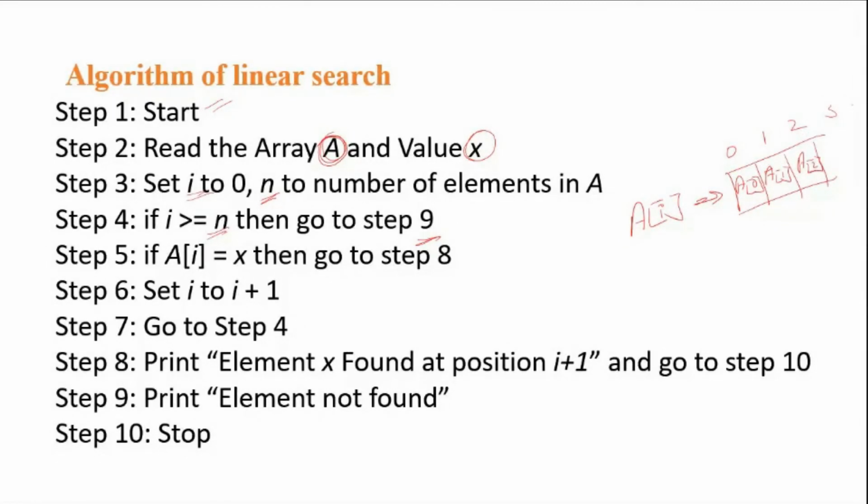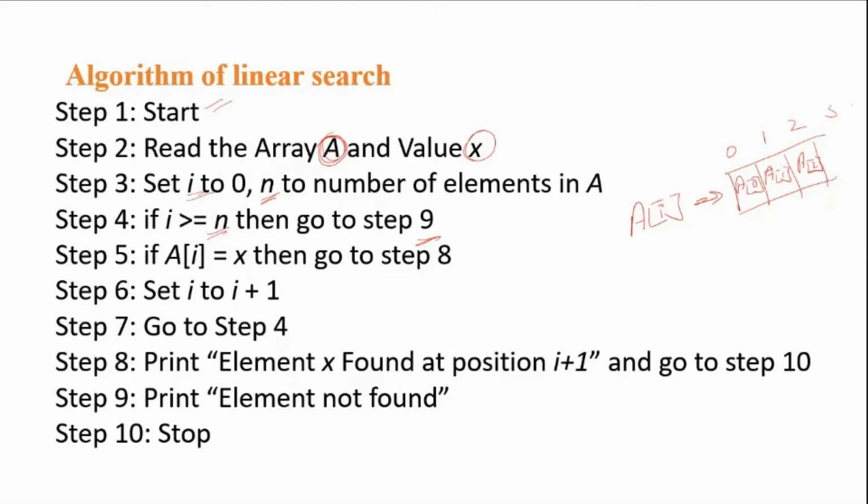So likewise it goes. Our search starts from I equal to 0 up to I equal to n minus 1, because when I becomes n, this goes to step 9. So for A of I, from 0 to n minus 1, we search. If A of I equals x, then we go to step 8.